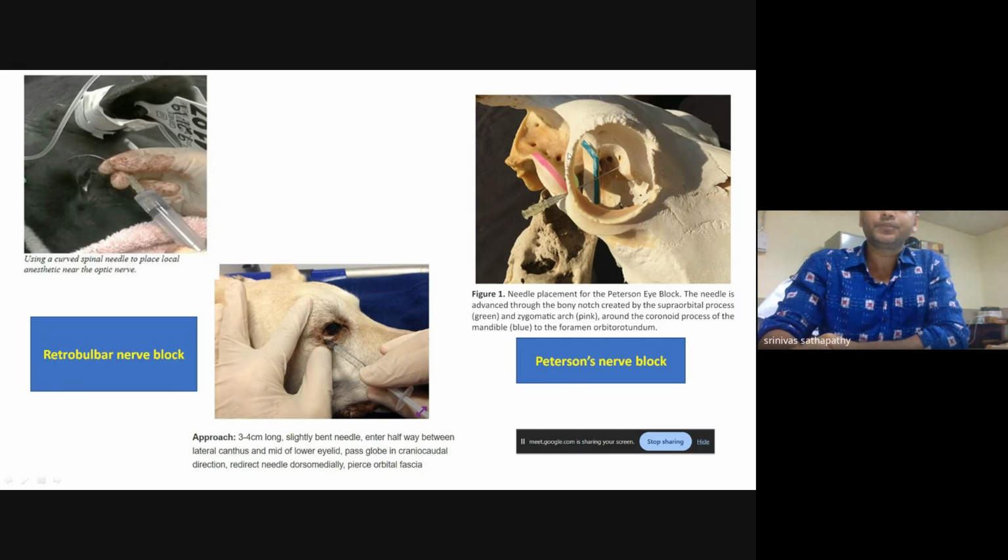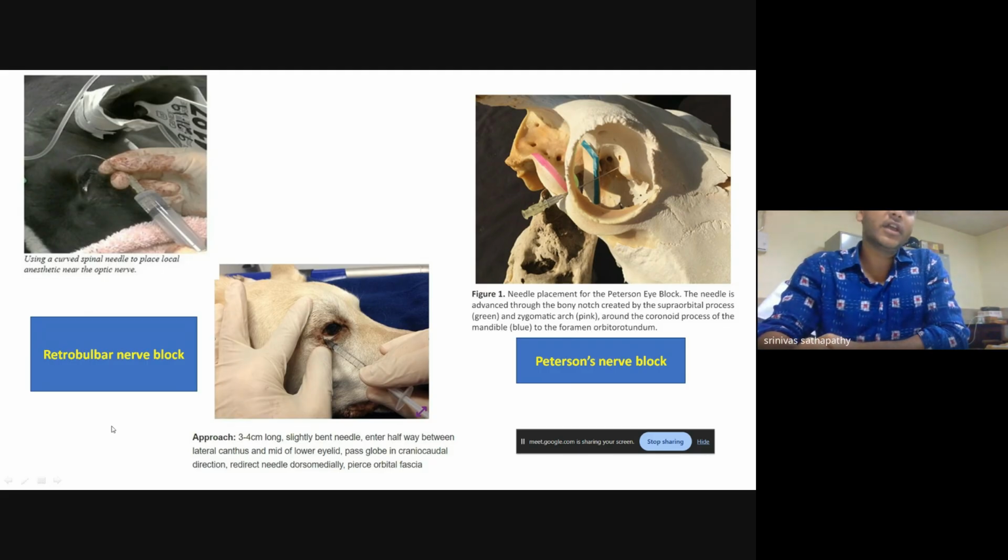This is the zygomatic arch. At the upper border of the zygomatic arch, just posterior to the caudal boundary of the orbit, is the point where you can inject the straight long needle, the length depending on the table for different species, so that you can approach the foramen orbitorotundum to perform the Peterson's nerve block.